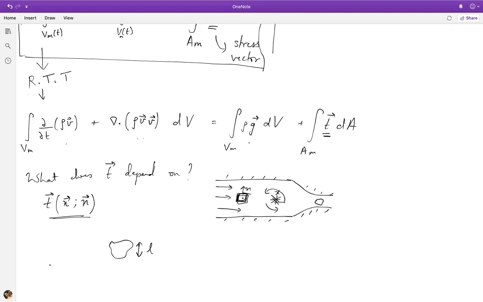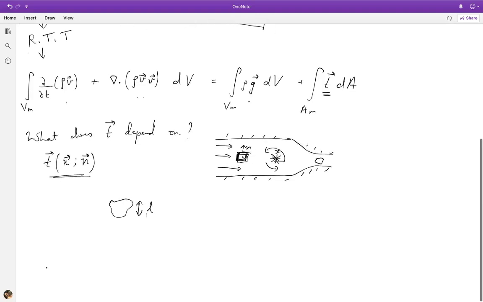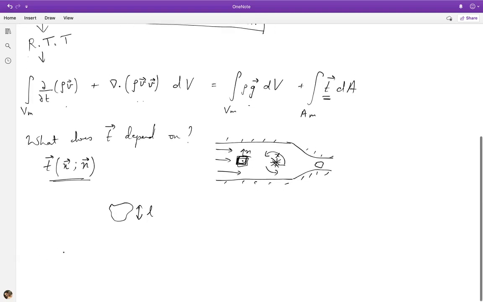So using the mean value theorem of calculus, which basically says that I can approximate or bound the value of an integral by taking an appropriate average value of the integrand and multiplying it by the volume.